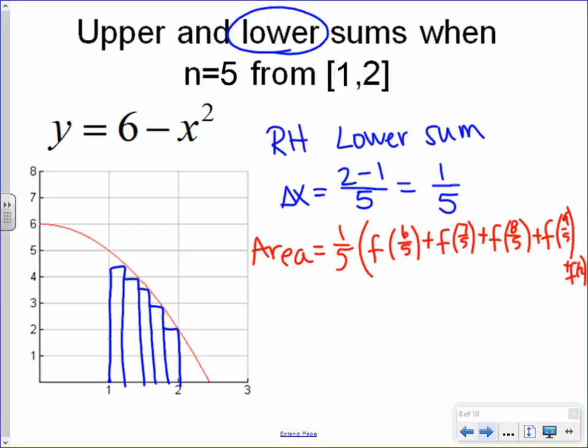If I were you, I would punch in 6 minus (6/5) squared plus 6 minus (7/5) squared plus 6 minus and so on. I'll put that in all at once, figure out what that is, and then multiply by 1/5. You should be getting 3.36.